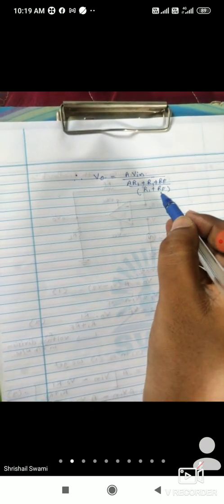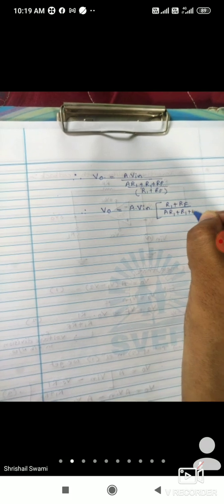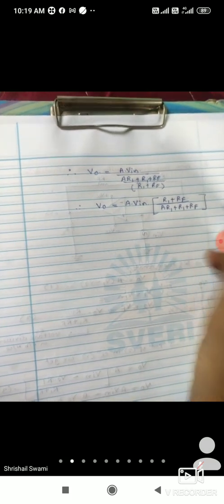So whatever you multiplied on the left hand side becomes divided on the right hand side. Now V0 is equal to A into V in, bracket, this goes up, R1 plus Rf divided by AR1 plus R1 plus Rf. So this expression you can get.